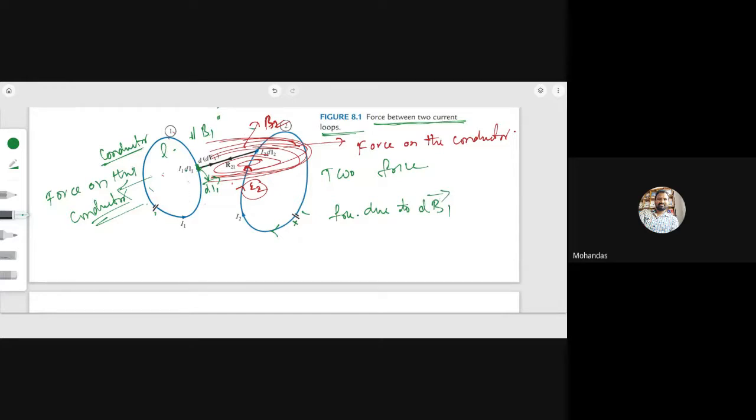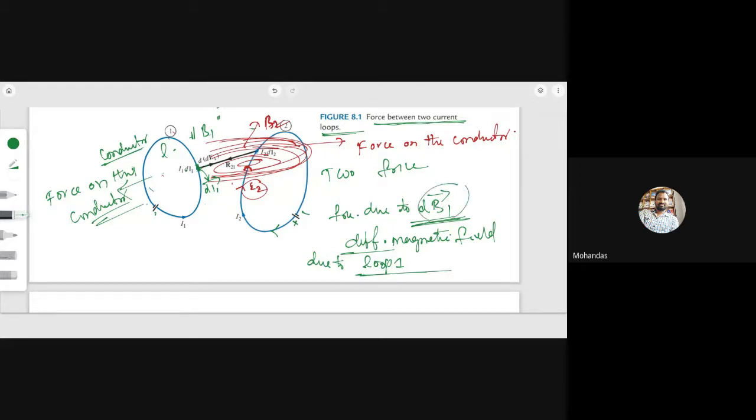Here we have to select a differential length so that the magnetic field is dB1. So force due to dB1. dB1 means, be careful, it is a little confusing, the differential magnetic field due to loop 1. So the differential magnetic field dB1 due to loop 1.